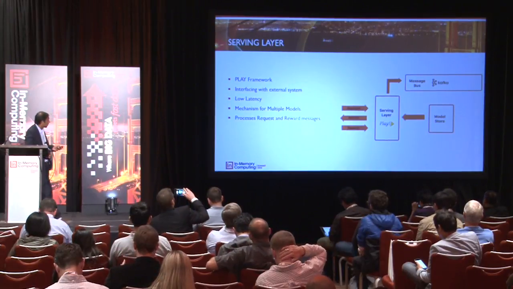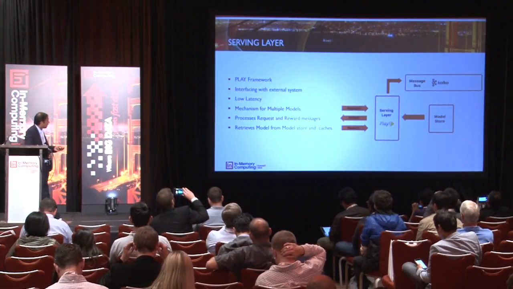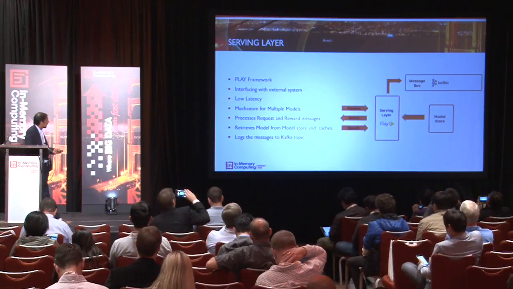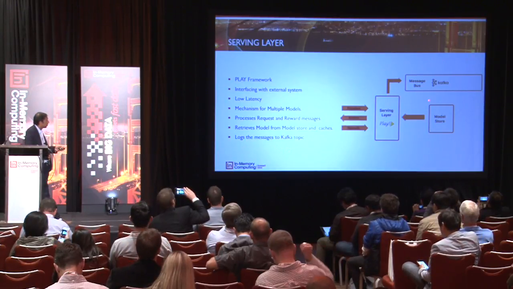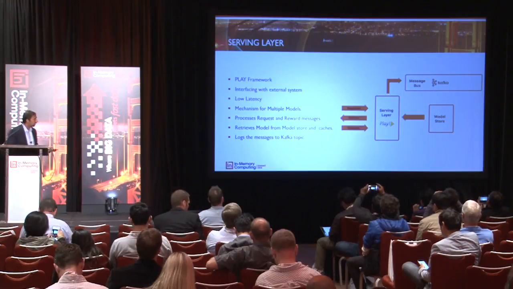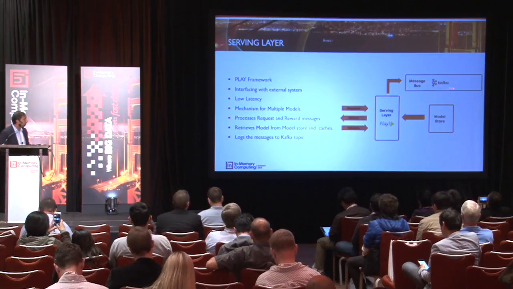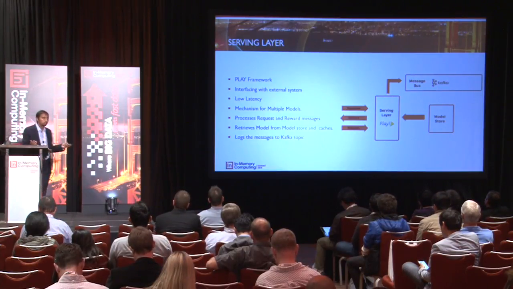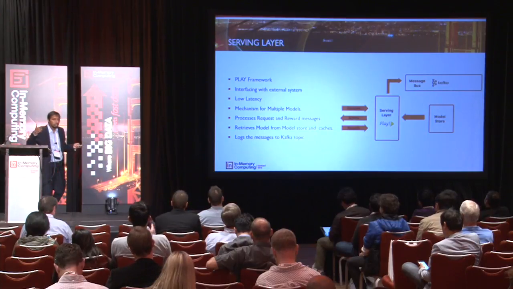We process request, reward, and retrieves, cache them, and log all these messages into Kafka. Once it logs all these messages into Kafka, a stream processing job doing online learning can make use of them.